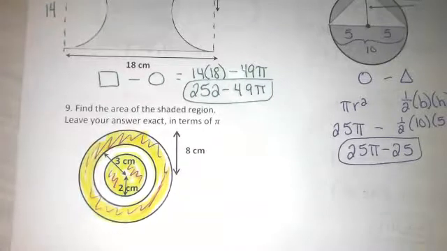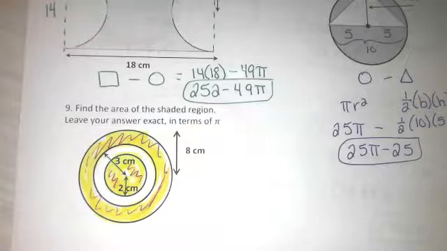Oh, I should have found that one. 59 pi. Oh. Well, it's 64 minus 9 pi. He probably got the answer right.